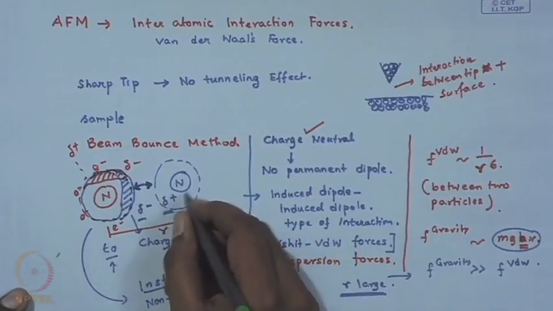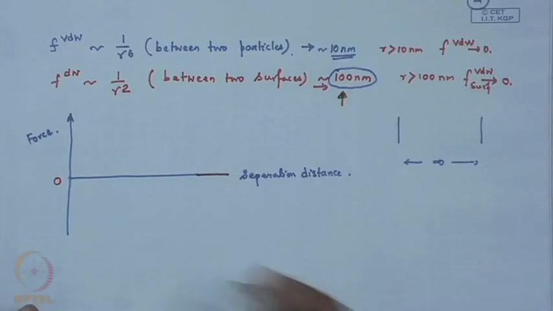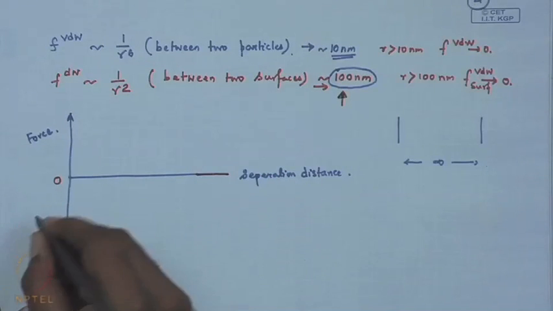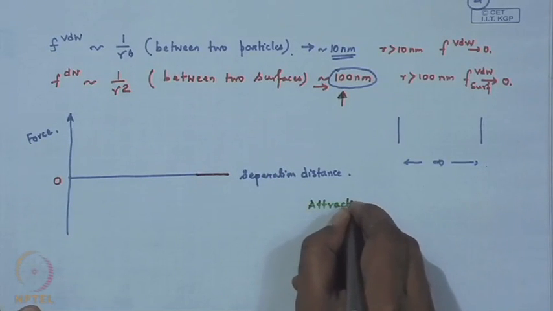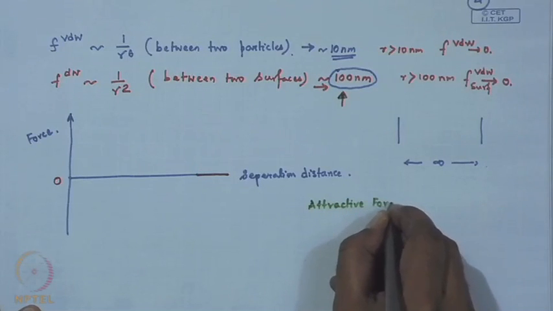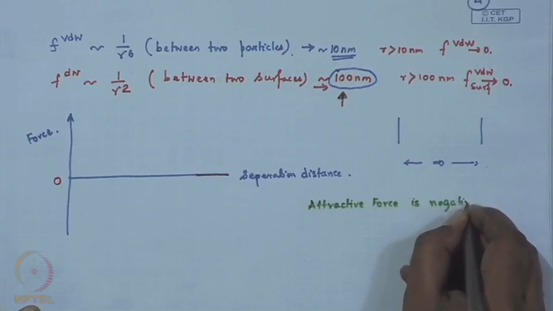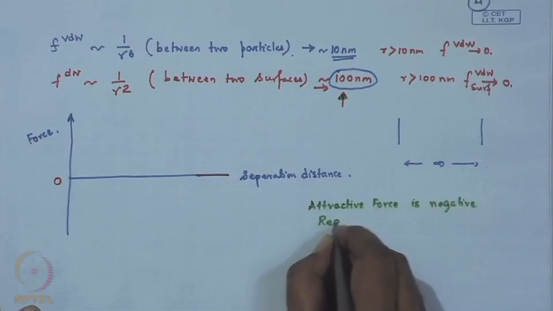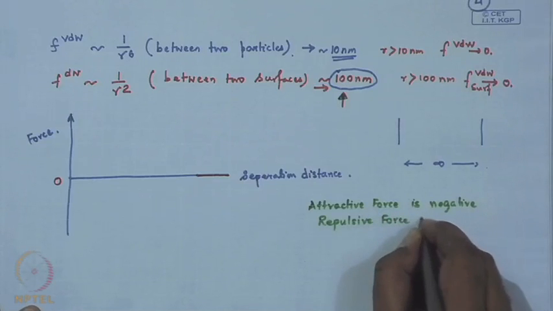The other thing we understand is that the nature of this interaction is attractive. So, here we follow a convention that an attractive force is negative and a repulsive force is positive.